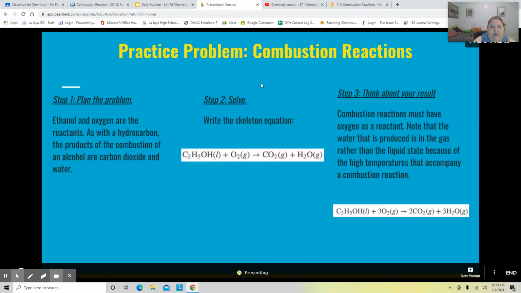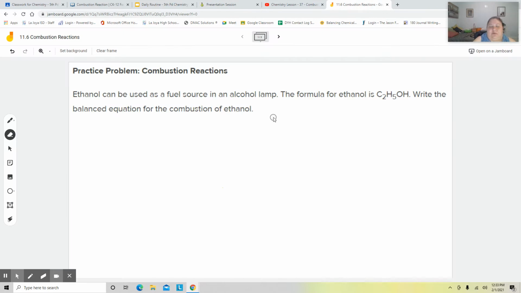Love it. All right, we've got a practice problem, so we're going to go into Jamboard. So I have here the problem, and it says: ethanol can be used as a fuel source in an alcohol lamp. The formula for ethanol is C2H5OH.